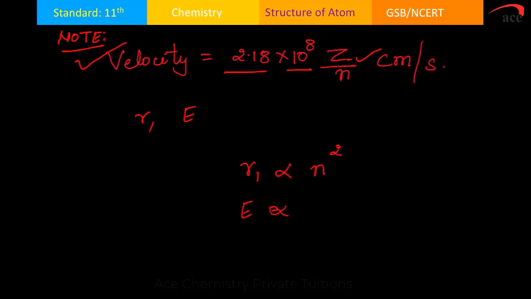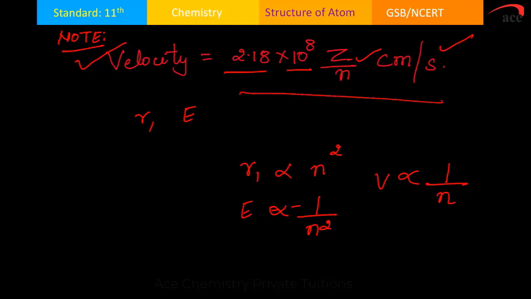In energy it was inversely, and here also it's inversely, but it's just orbit number. Okay, just remember this formula. You may get a numerical or any MCQ based on this, and believe me we are just learning hydrogen, so in that case Z is going to be 1.